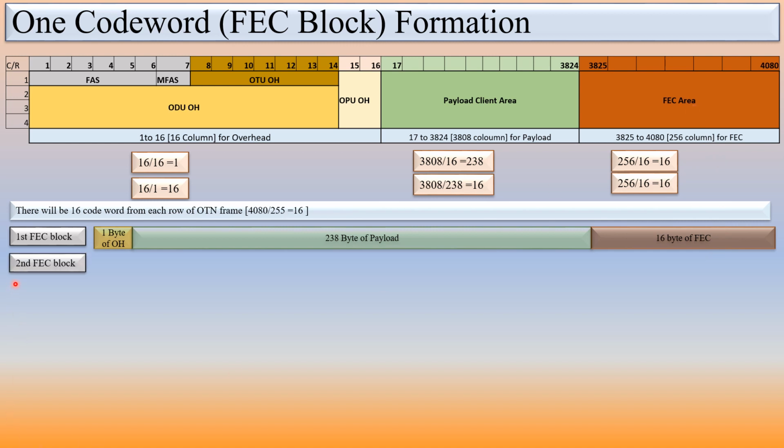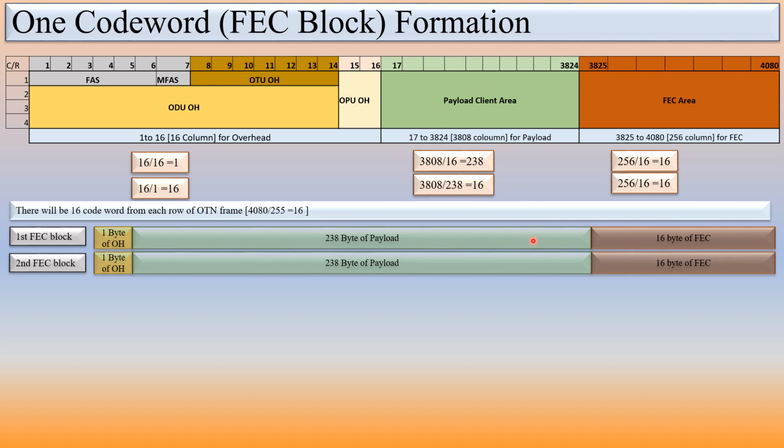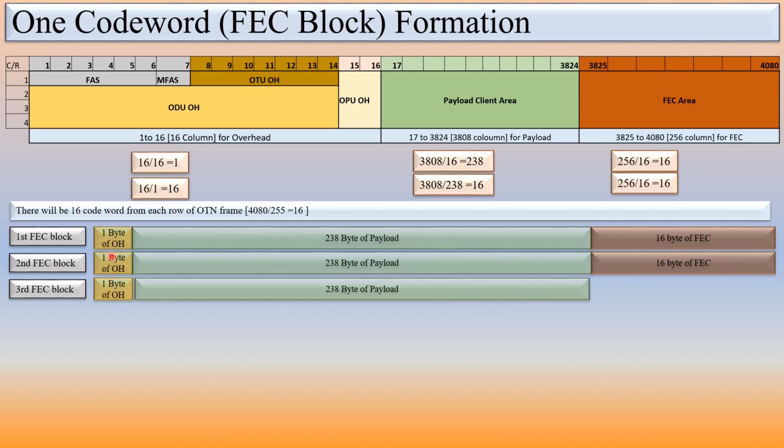In the same way, in the second FEC block, 1 byte is from the overhead, 238 bytes from the payload area, and 16 bytes from the FEC area. The third FEC block also has 1 byte of overhead, 238 bytes from the payload, and 16 bytes from the FEC. If you add these, 238 plus 16 plus 1, you get 255.